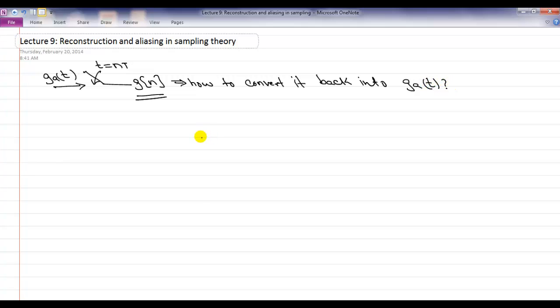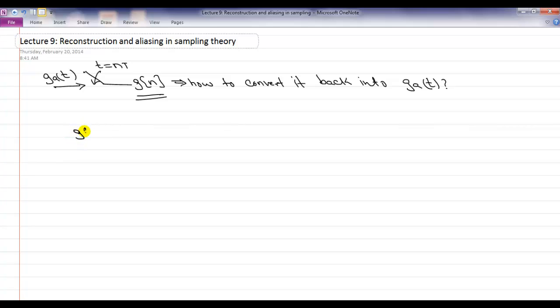Now we will again do the two-step process. We'll first write the conversion process as two steps of mathematical blocks, which we don't really do in reality, but once we derive that equation, we'll be able to say how you can really apply those two blocks in practice to reconstruct your original signal.